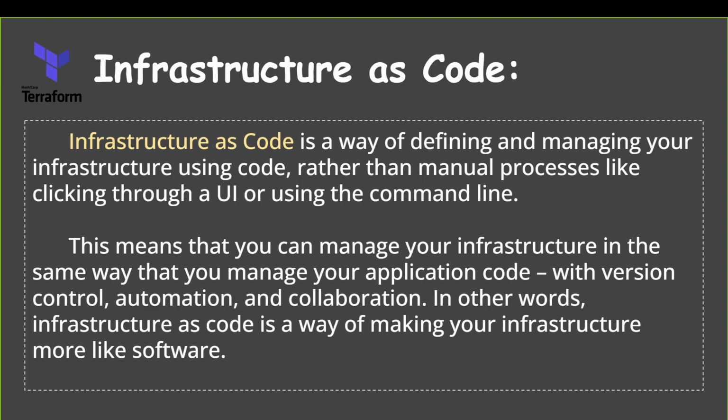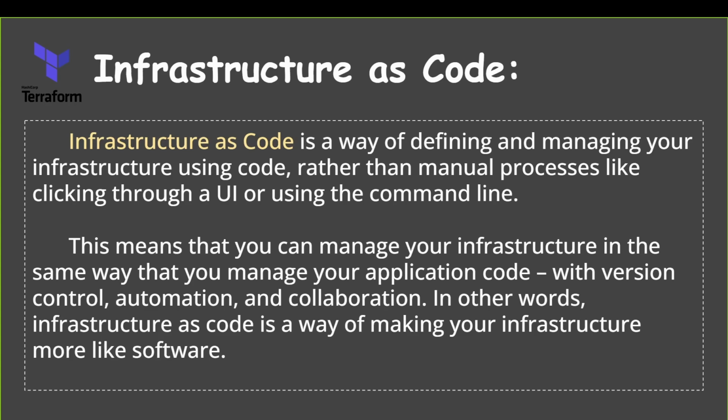So rather than the manual process like clicking through the user interface or using the command line, like we did yesterday in the previous class, when we ran AWS S3 related commands, those kinds of things can also be done.